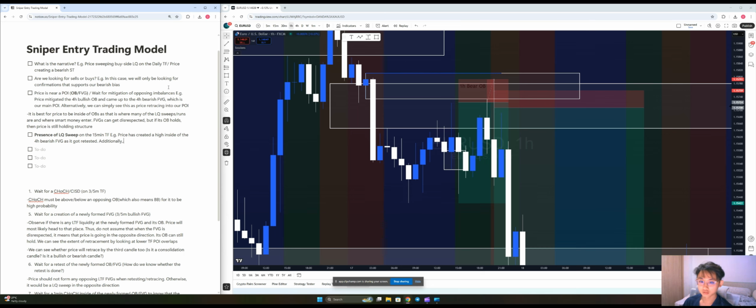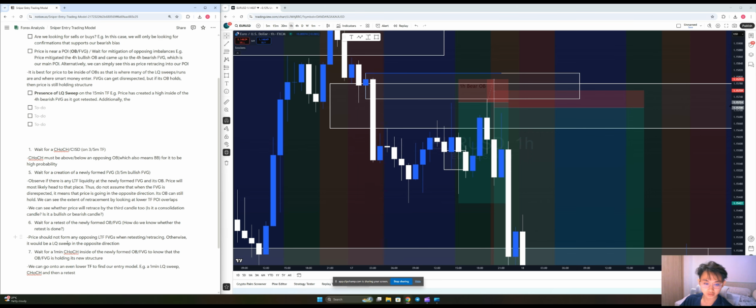Additionally, so additionally what happens? So you can see here, observe if there's any low time frame liquidity that price will most likely hit.